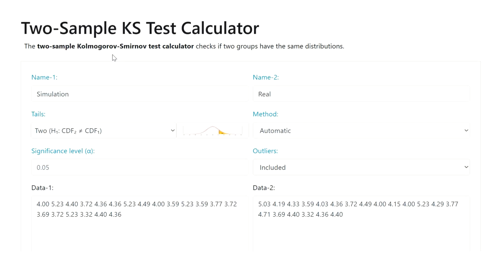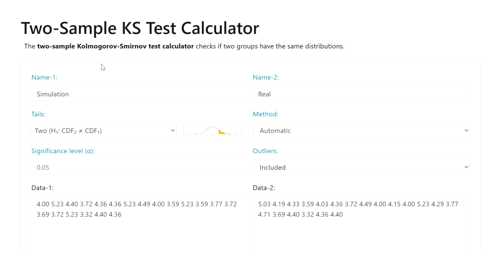Okay, so finally, I would like to present you the Kolmogorov-Smirnov test. By clicking the link, you will get the following screen, which indicates that it's a Kolmogorov-Smirnov test calculator. As usual, we have some configuration screen.